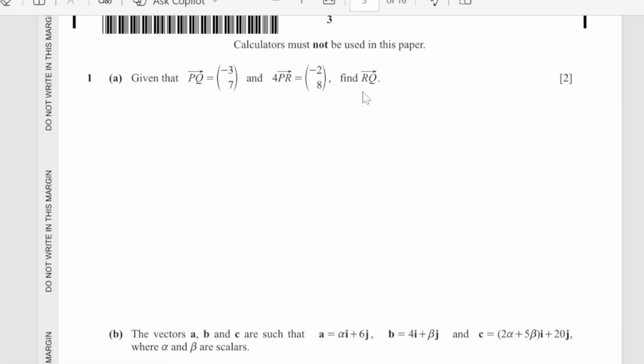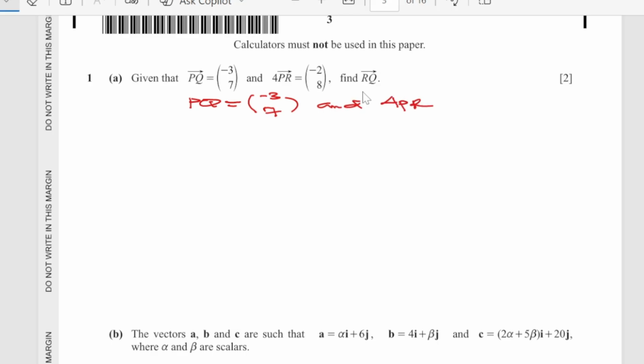Alright, so we're given that PQ is a column vector of -3, 7, and PR is also a column vector of -2, 8. And we're to find RQ.